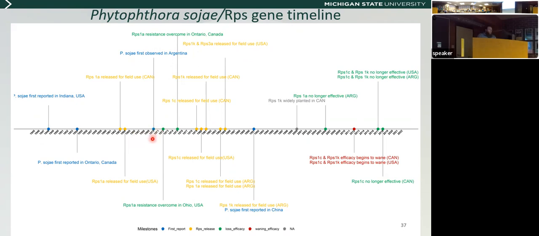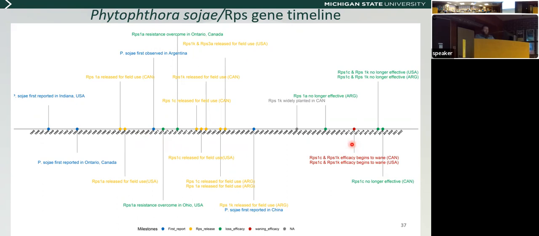It wasn't until 1970 that Phytophthora sojae was observed in Argentina. And about 8 years after the first release of RPS1A in the United States, we see that that resistance is being overcome.